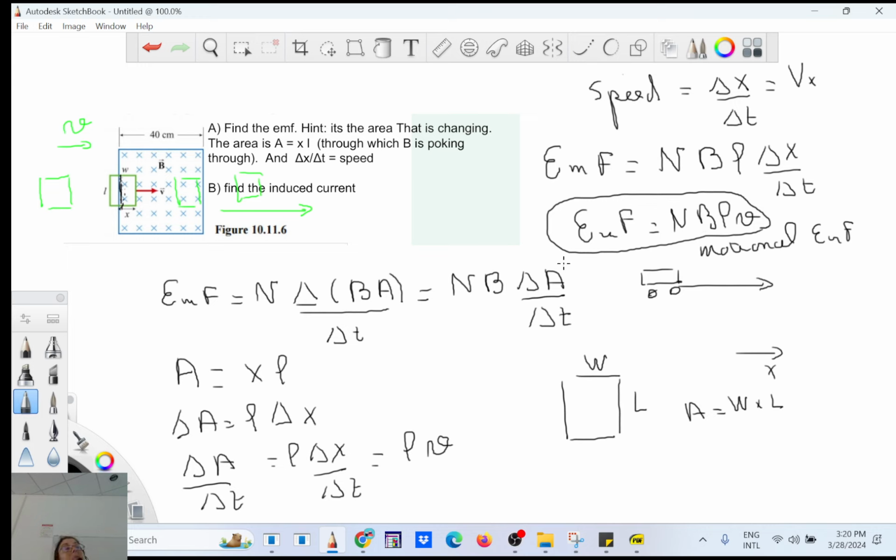Okay, so it's a little bit challenging, but sometimes it's okay. So that means in that equation, the area that you want is the area poked through by the magnetic field.